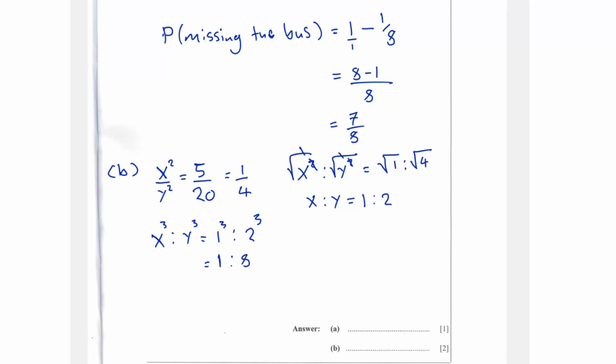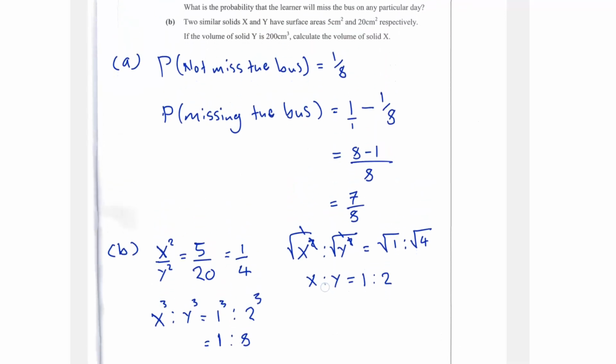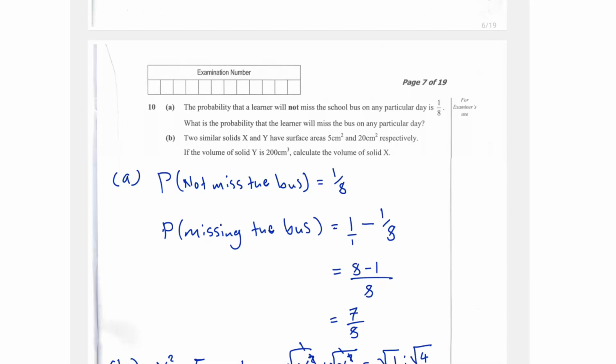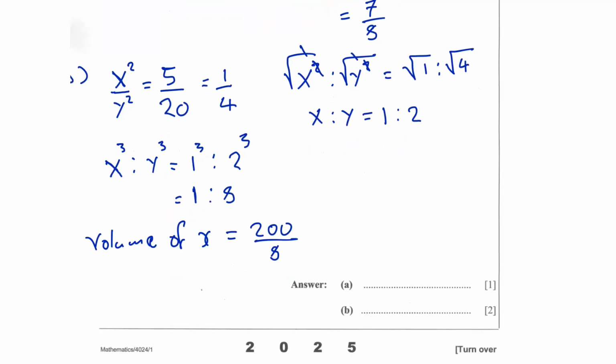Okay, now from here, in order to find out the volume of solid X, the volume of X will be equal to 200 cubic centimeters divided by 8.